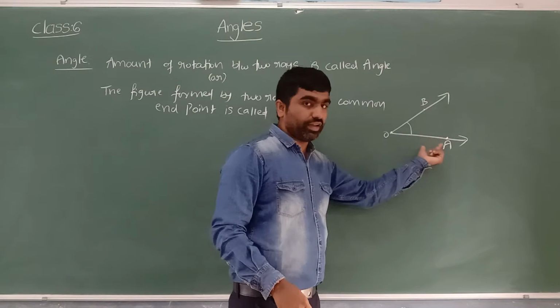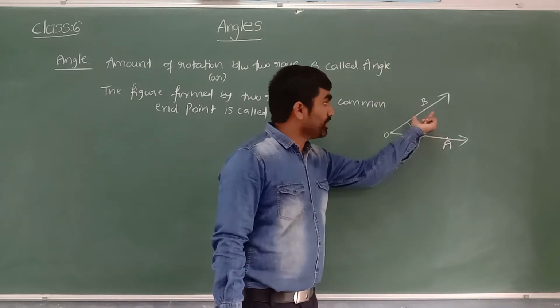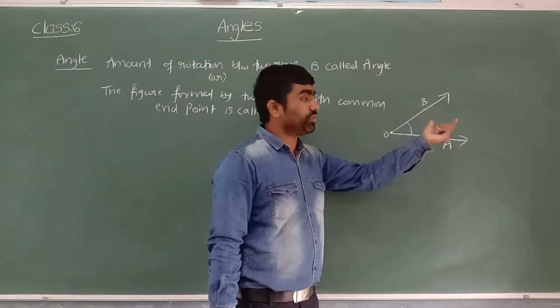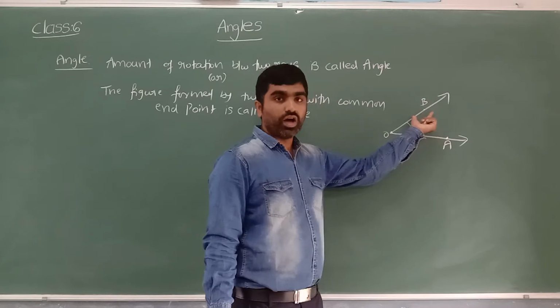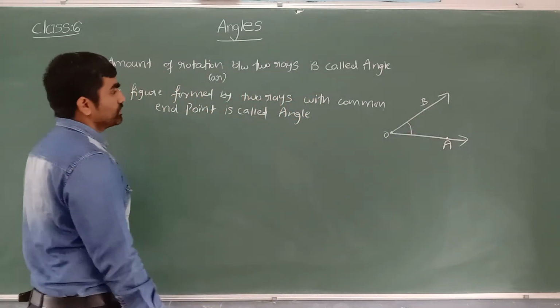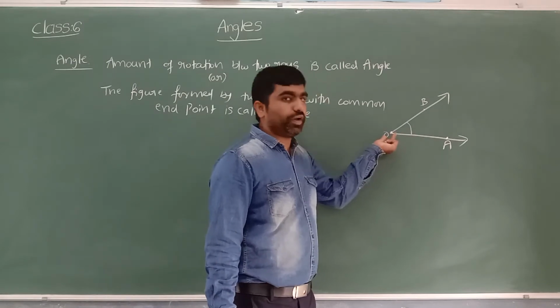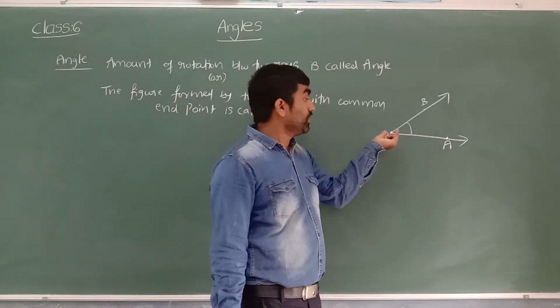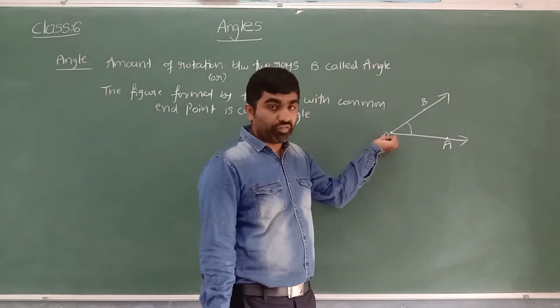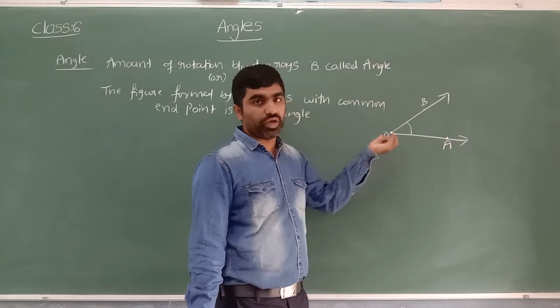After forming the angle, these two rays are called arms, and the common end point we took is called the vertex of angle AOB.